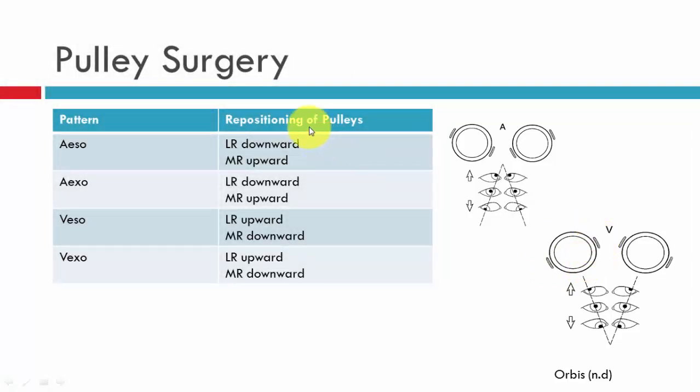So in terms of repositioning the pulleys, this table describes what would be done to the pulleys in order to correct for the A-V pattern. So in relation to an A pattern, we can see here that if the lateral rectus pulley is displaced upwards, we'll move that down, or if the medial rectus is displaced downwards, we'll move that up, etc.